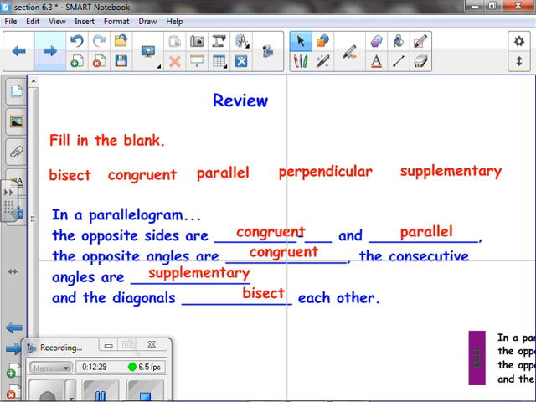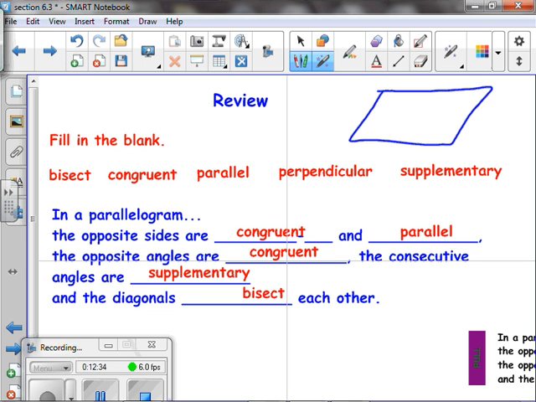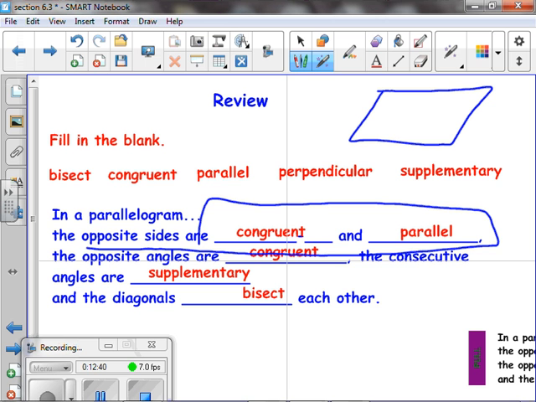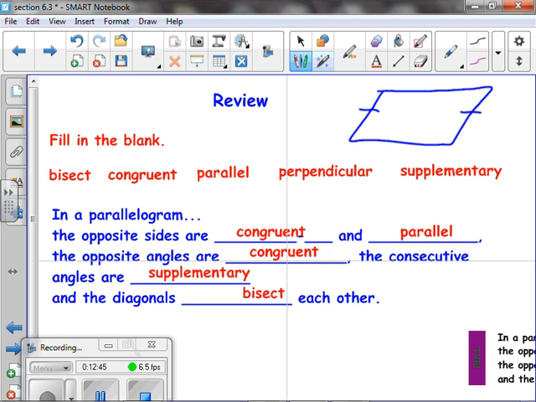Okay, so let's think about that real quick. Got a parallelogram. It says that opposite sides are congruent and parallel. So I know that this and this must be congruent. This and this must be congruent. Those are parallel. I know that my opposite angles must be congruent to each other. So if that's that, then I know that is also the same, and this would be the same as this.